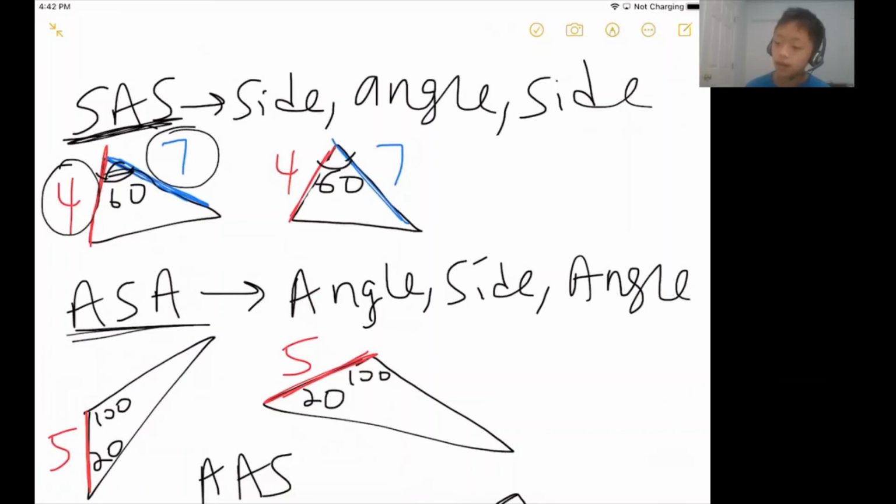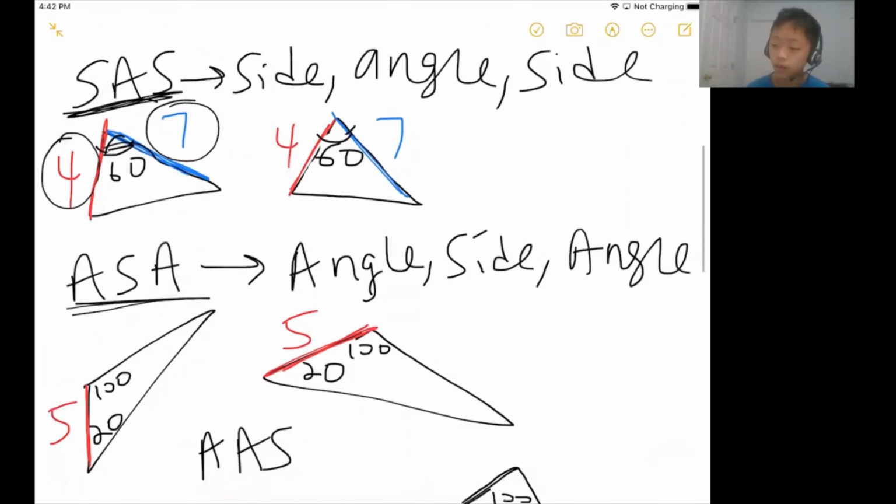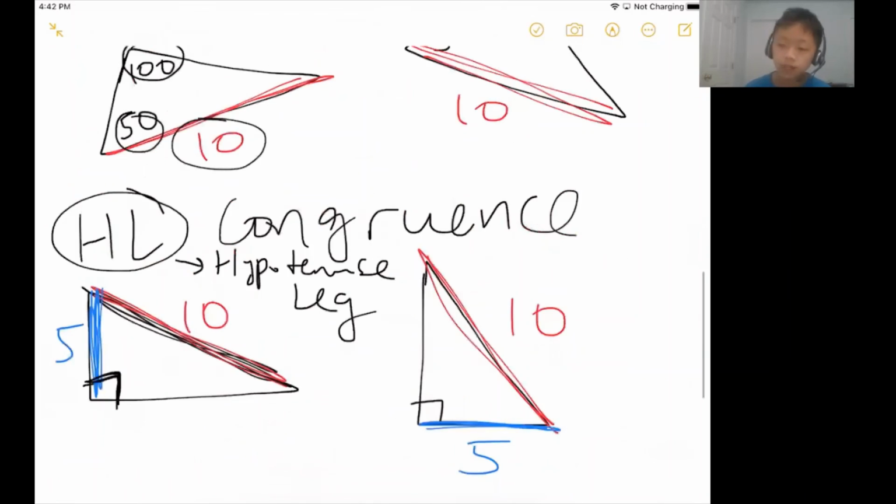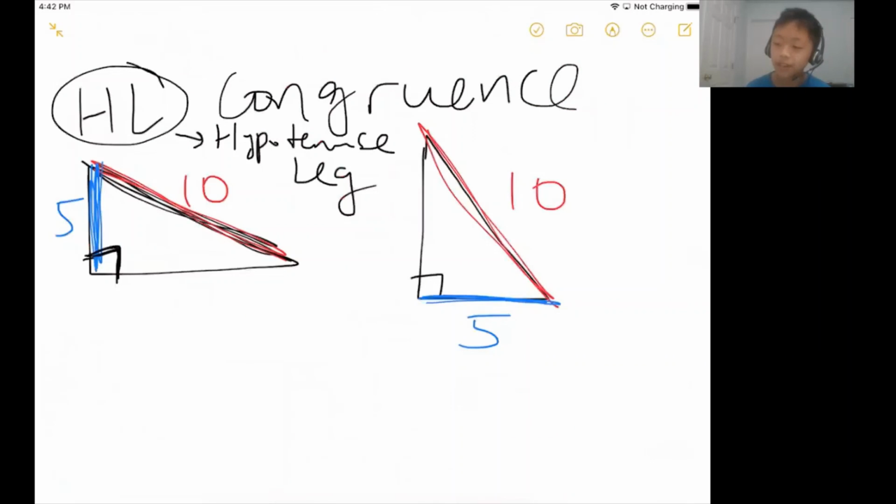So if you know the two triangles have two sides in common and the angle between the two sides is equal, then you can conclude they're congruent. We have ASA and AAS congruence. So if you know two angles and one side, that's also sufficient. And the last one we talked about is HL, hypotenuse leg. If you have two right triangles that have the same hypotenuse and they share the same leg, then we can also say they're congruent.